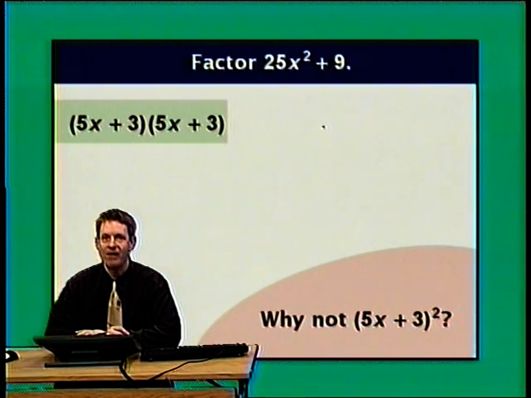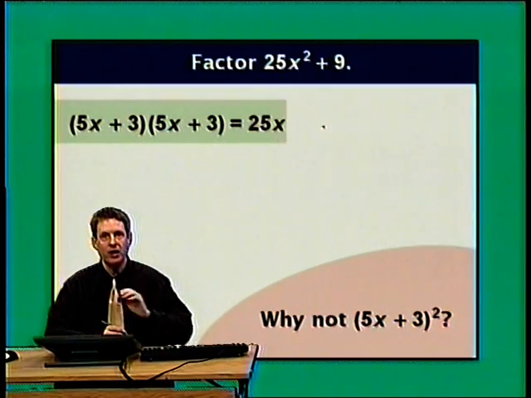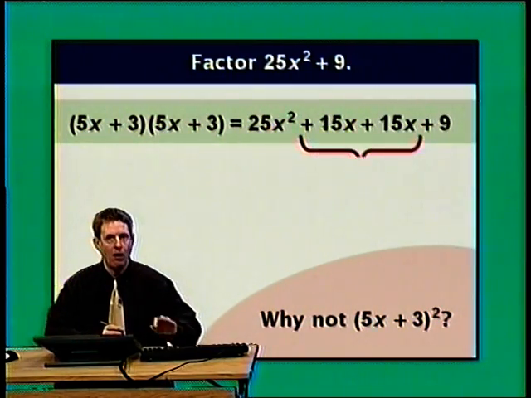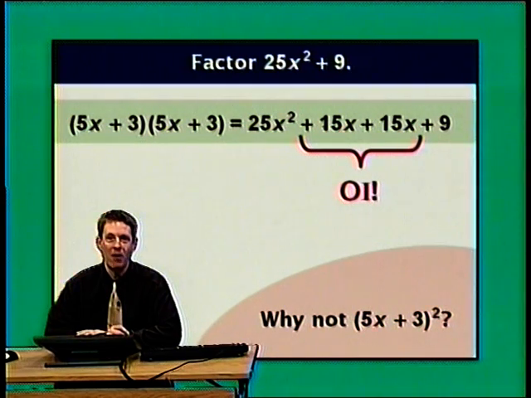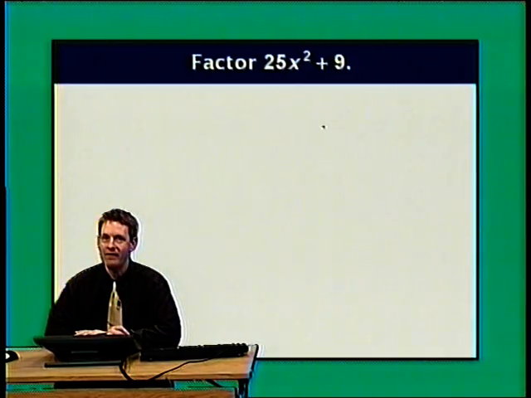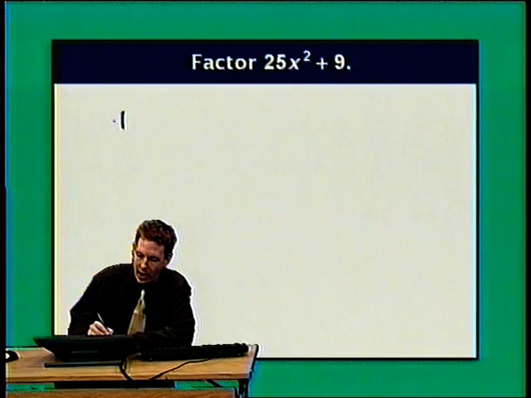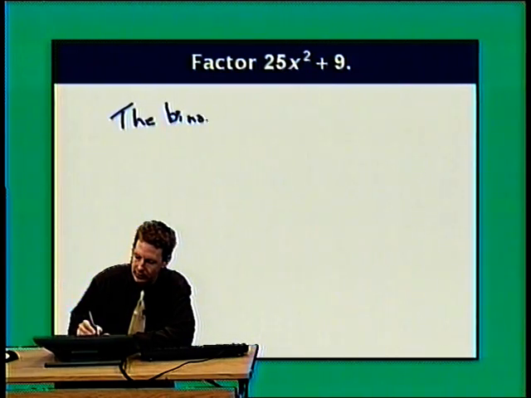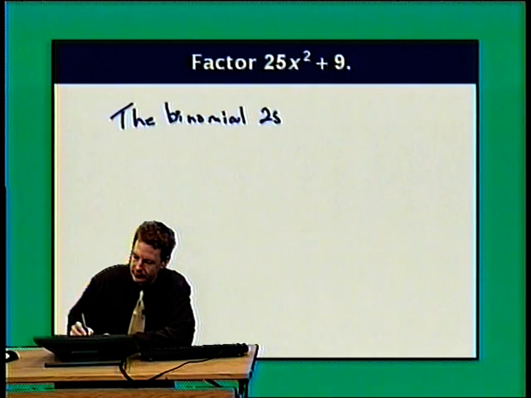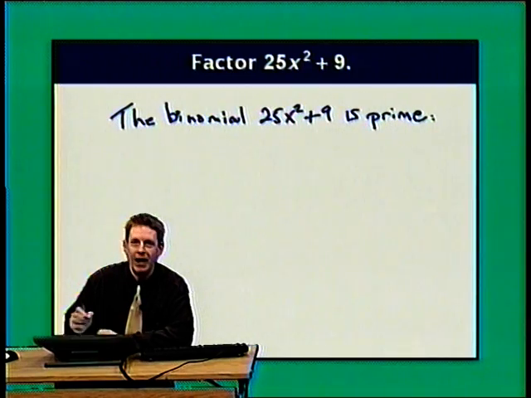Then, when you multiply 5x plus 3 times 5x plus 3 using FOIL, you'll see that the middle two terms don't add to 0x, they add to 30x. So it is not the case that 5x plus 3 quantity squared is 25x squared plus 9. 25x squared plus 9 is prime, any way you look at it.